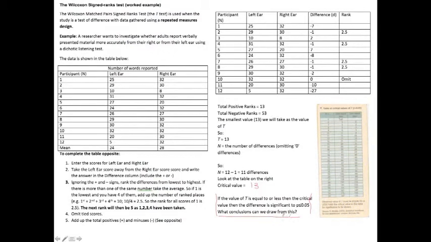The conclusions you can draw is that we can accept our alternative hypothesis and reject our null hypothesis. This is quite good because we've managed to prove to a significant degree that people are going to recall more accurately information that's entered their right ear than has entered their left ear.